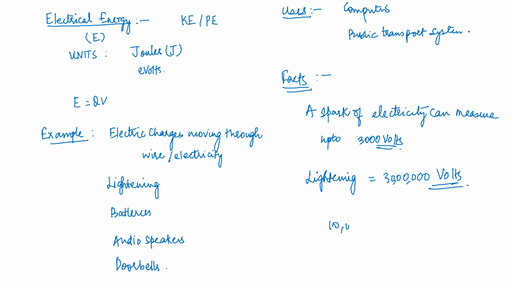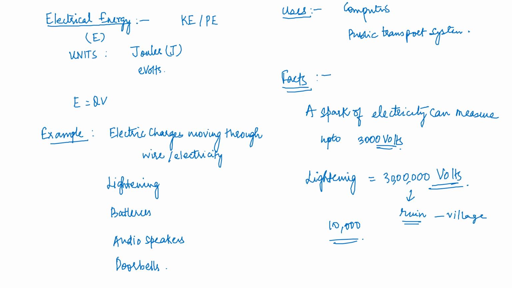Even 10,000 volts are there in our electrical generators. Touching that particular point is strictly avoided, and they have put up a board there marking a restricted place. Just think, a lightning with 30 lakhs of volt, how much damage it can create. It can ruin a village or a town or a whole building.